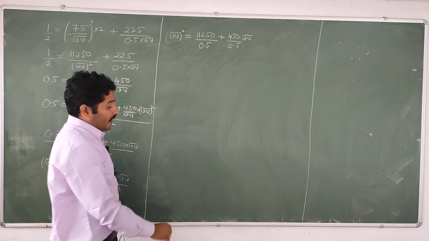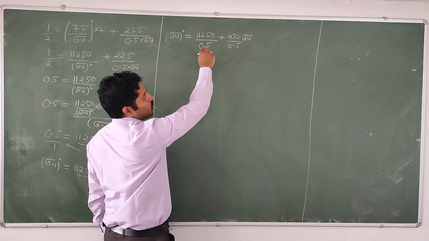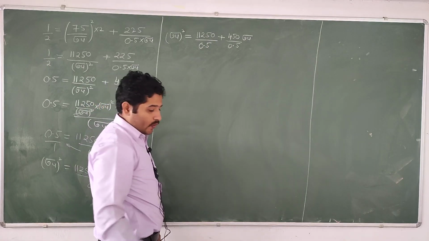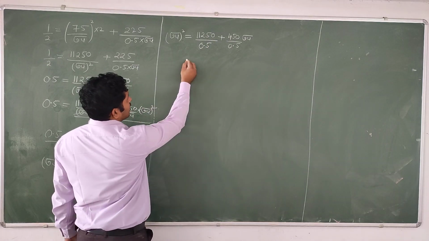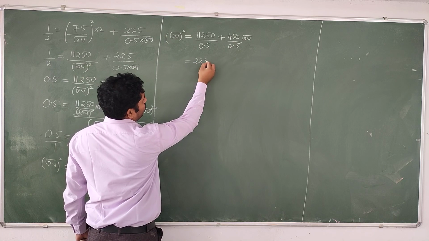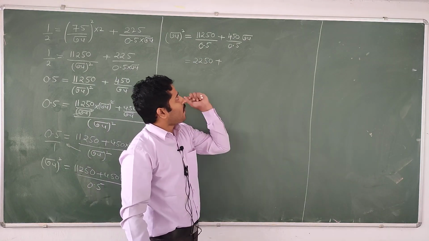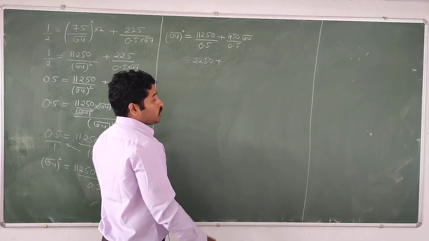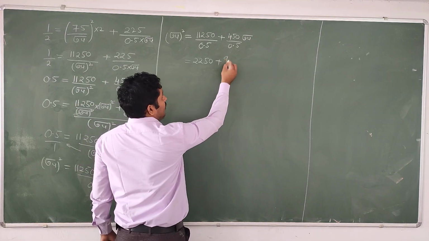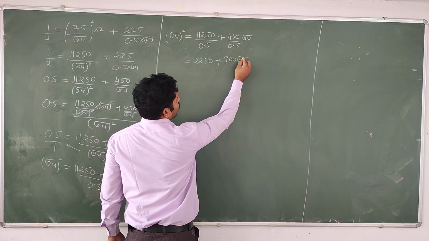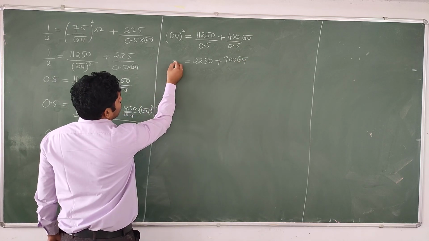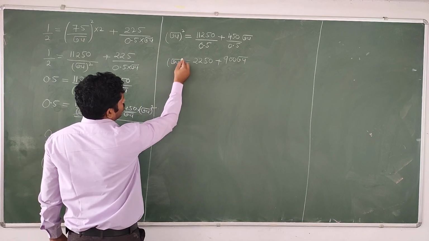If you divide 11250 by 0.5, you will get 22500. If you divide 450 by 0.5, you will get 900 sigma u. That is the value of sigma u whole square.